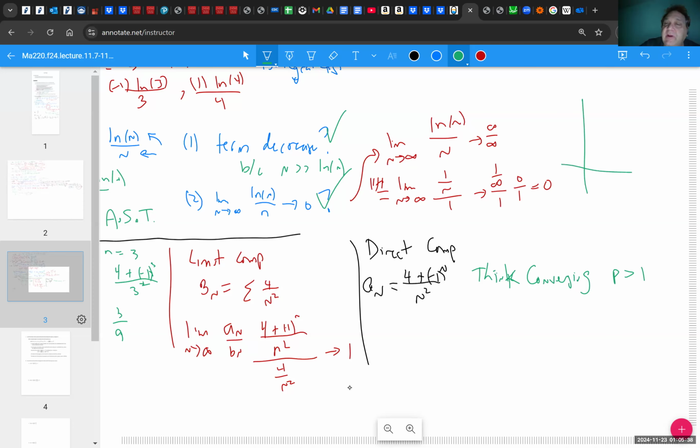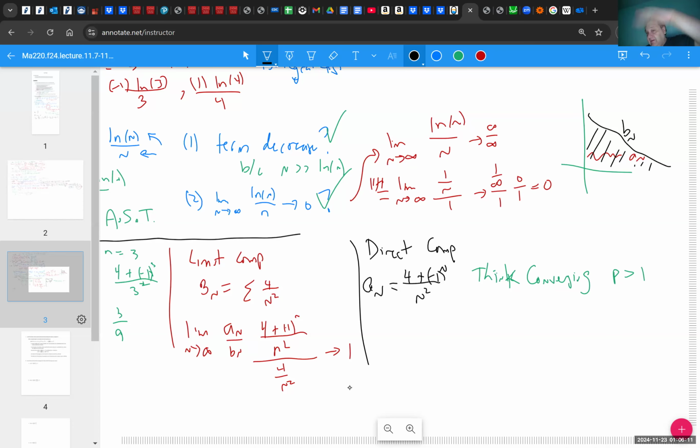I always have to draw a picture. I always draw a picture just to help you out here with where I'm going with this. We have our weird an function. We don't really know what it does. If we want to show it converges, that means the amount of stuff, the amount of area, has to be small. So if we find a bn which is larger but also converges, then the bn has an amount of stuff which is finite.